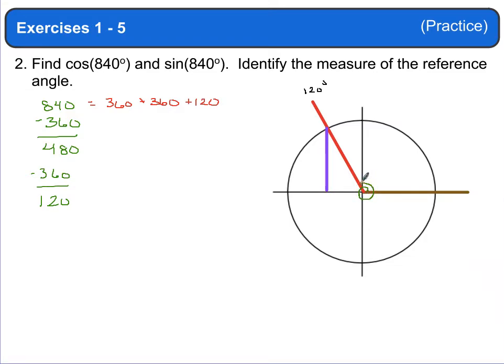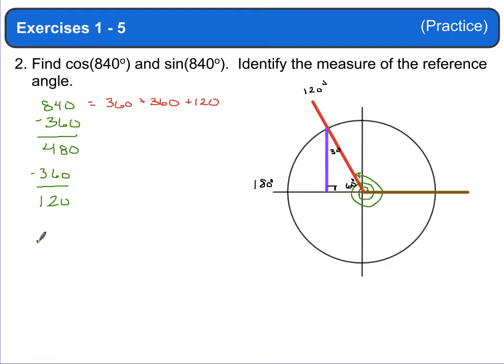We went around a second time, and then we opened it up to 120 degrees. So with that being the case, we have to note reference angles. If this is 180 right here, the difference between 180 and 120 is 60 degrees. So that makes this angle 30, and that makes that 90.